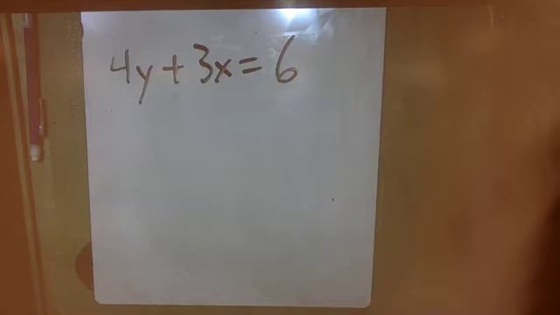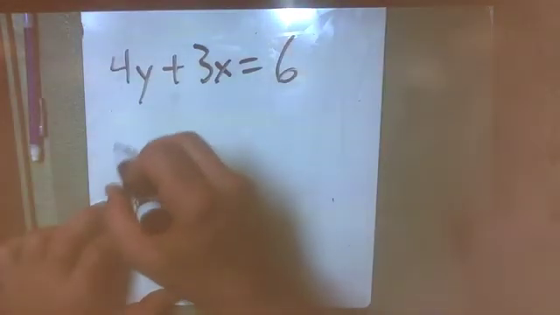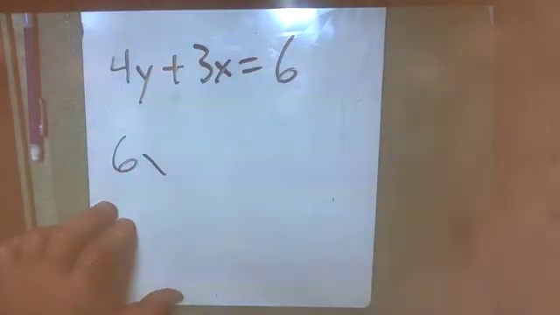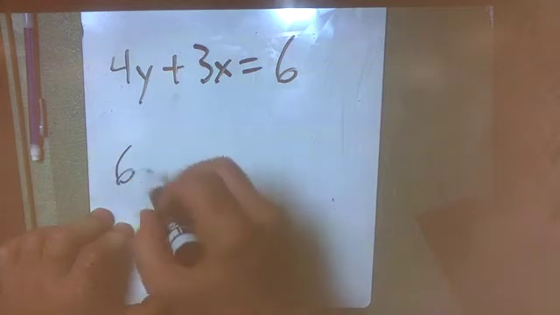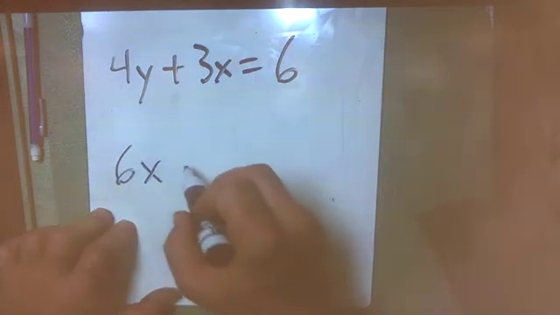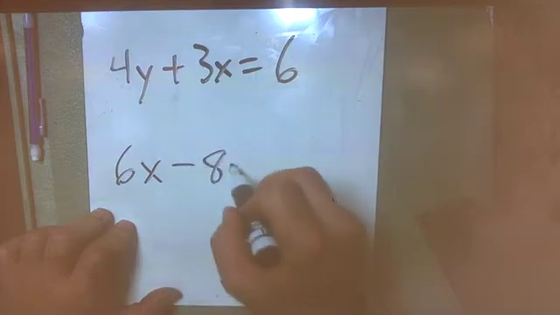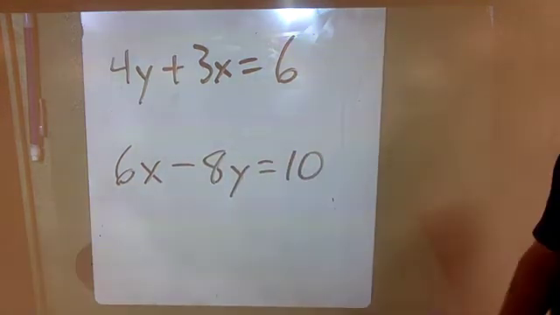And we want to know, is that perpendicular to this equation, 6x minus 8y is equal to 10? All right, are those 2 lines perpendicular?